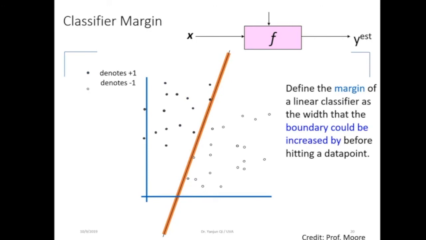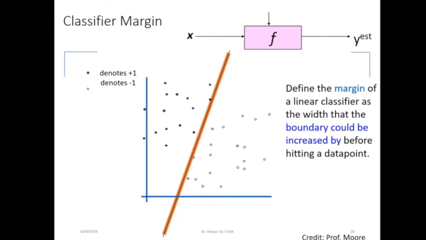The idea is that rather than fitting a line, I'm fitting a band with some wideness property. The wider, the better. In the end, I'm looking for the separation band, the separation region, that achieves the maximal wideness.